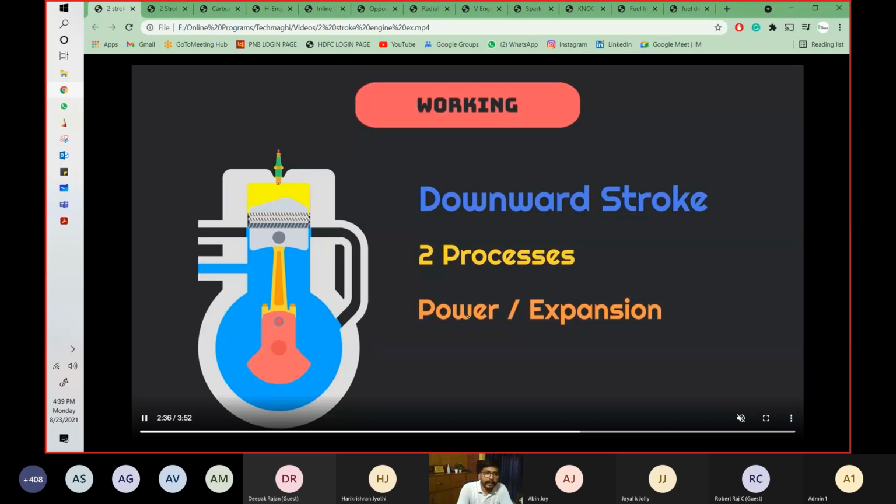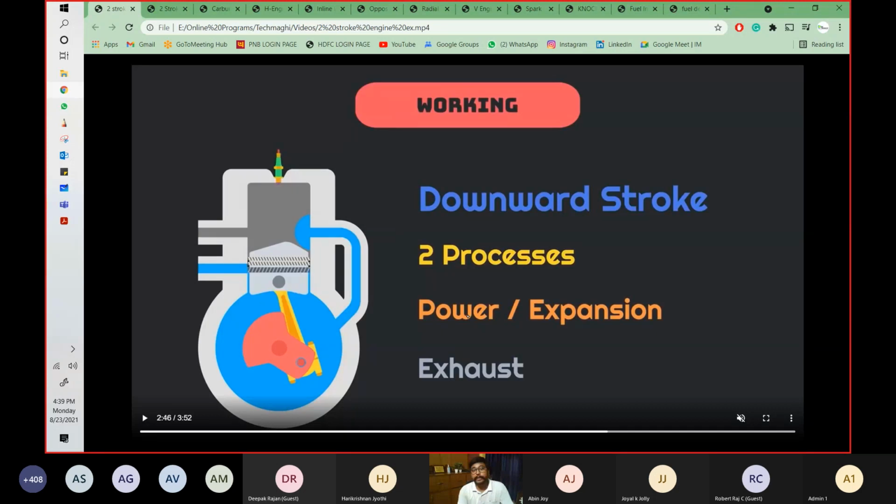So as soon as the spark happened, this blast due to the spark made the piston start coming downward and the exhaust started going out. This was the power stroke when the spark happened, as in the 4-stroke engine. But in the 2-stroke engine, this is the downward stroke, and in the downward stroke, two processes are happening. One, the power stroke, and one, the exhaust stroke.